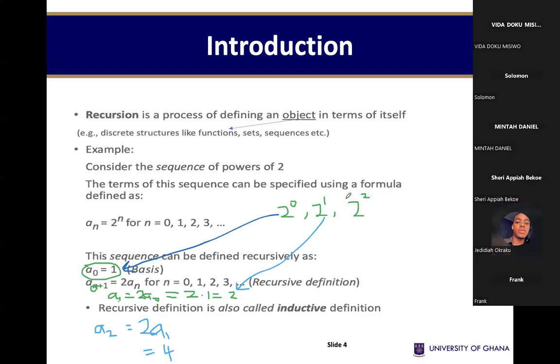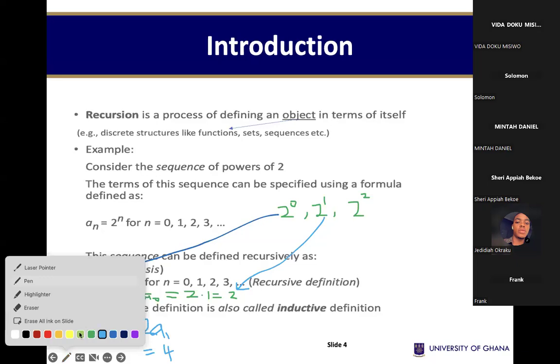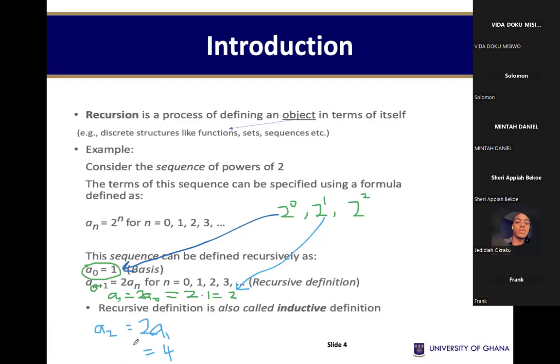Then the next thing is that if I want to get 2 to the power 2, all I need to do is make another substitution. This time, instead of n equals 0, which I did in the previous iteration, I'll say n equals 1.